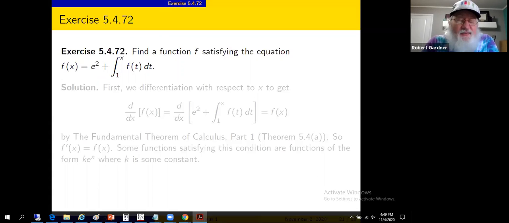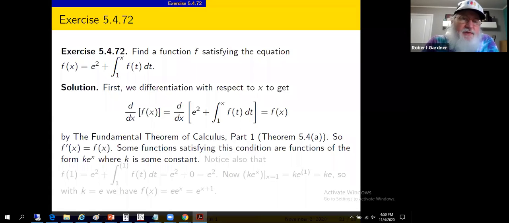This is actually a fairly elementary example of a thing called an integral equation. So how about we take a derivative? That's in a section on the fundamental theorem of calculus where you take derivatives of things like that. So let's differentiate, because that's what this section's about. That's my main motivation. So we'll differentiate f and we'll differentiate this thing here.